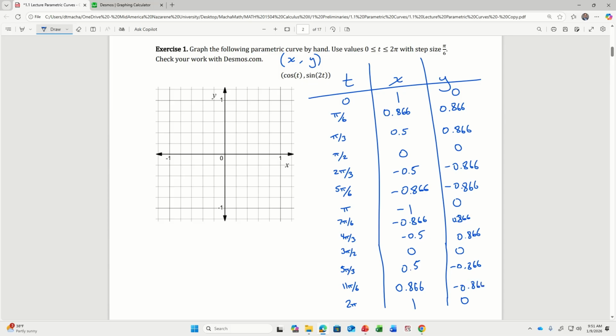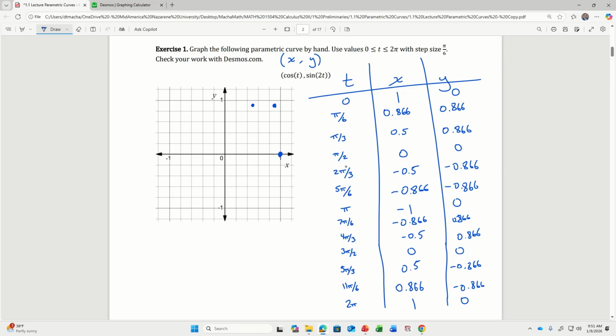Okay, but finally we've got this long list of coordinate pairs that are going to go in this order, and we can plot it. Like when x is 1 and y is 0, I can put a point here. When x is 0.866 and y is 0.866, it's going to be right here. When x is 0.5 and y is also 0.866, it'll be right here.